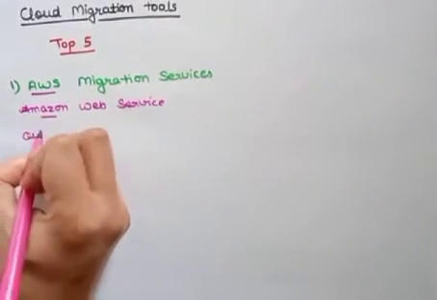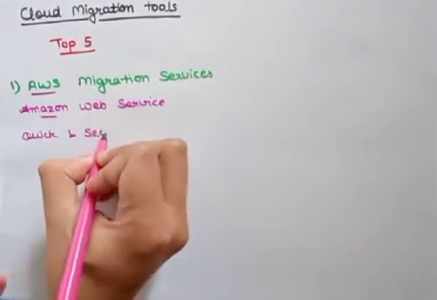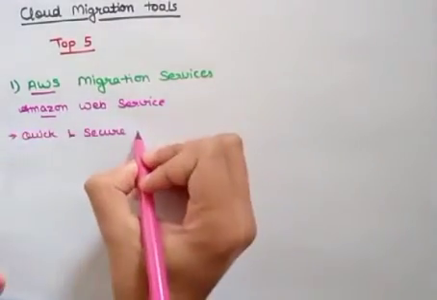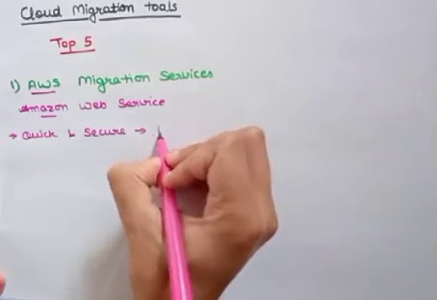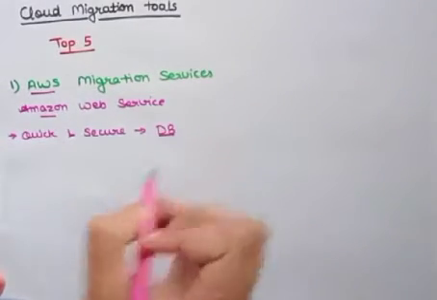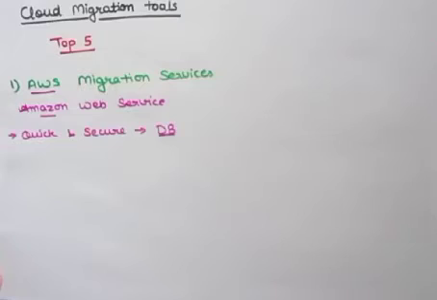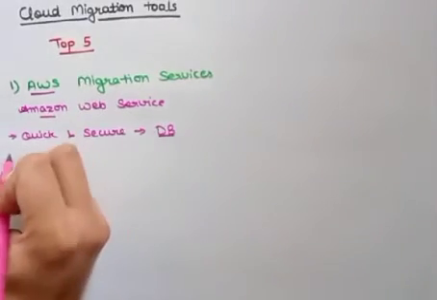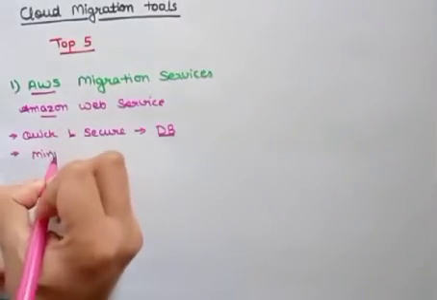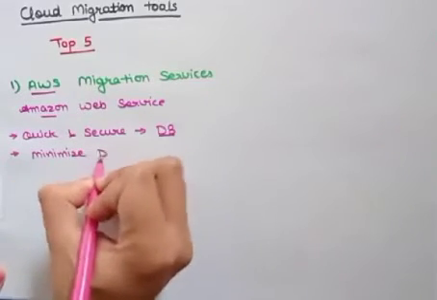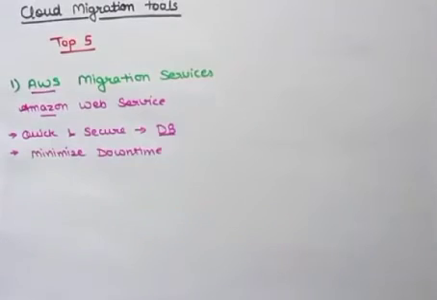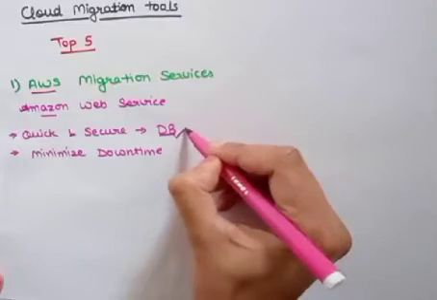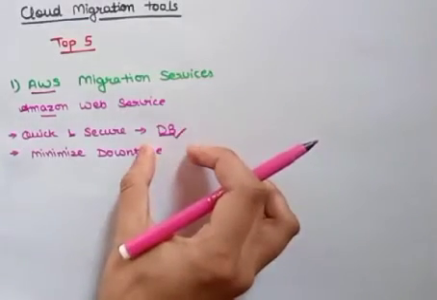It is very quick and very secure, and its main focus is to migrate the databases to the AWS server, right? This tool is designed to minimize downtime for applications that rely on the database. Remember just this point, that its main focus is on the database migration.